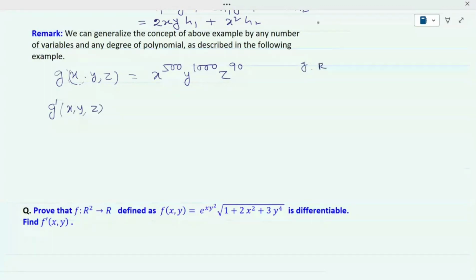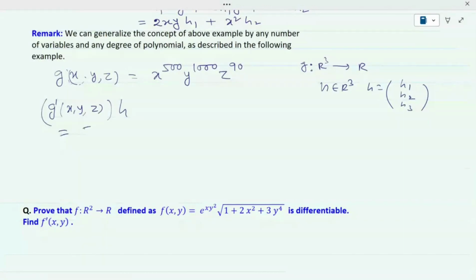Here you will see that g is from R3 to R. So we can take h belonging to R3, h equal to (h1, h2, h3).